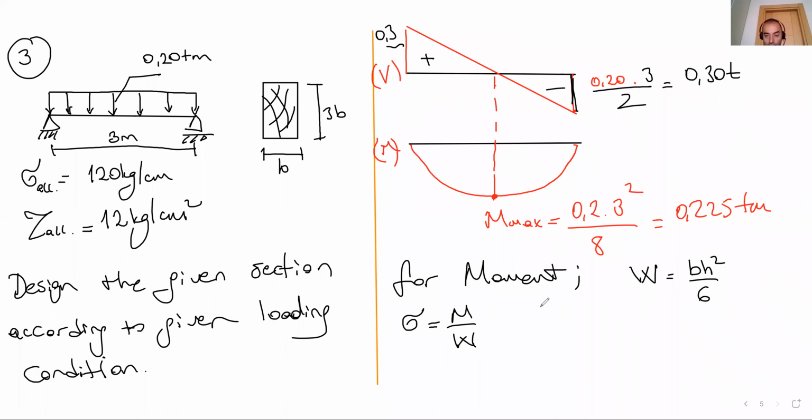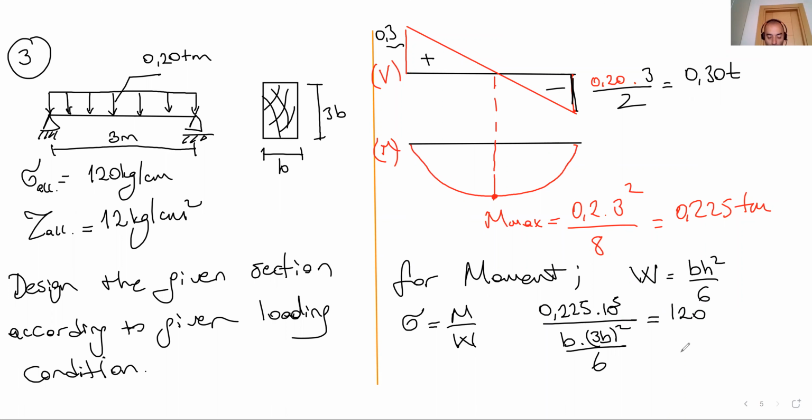The moment is here, 0.25 times 10 power 5 over B times 3B square over 6, equals the allowable stress, which is 120.